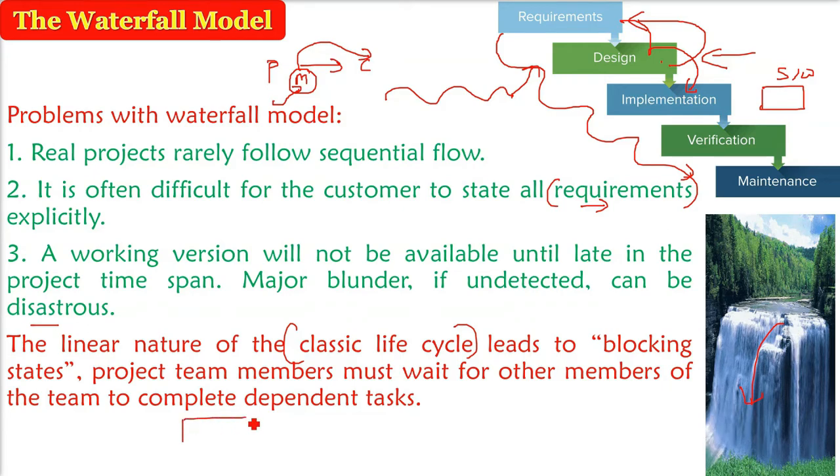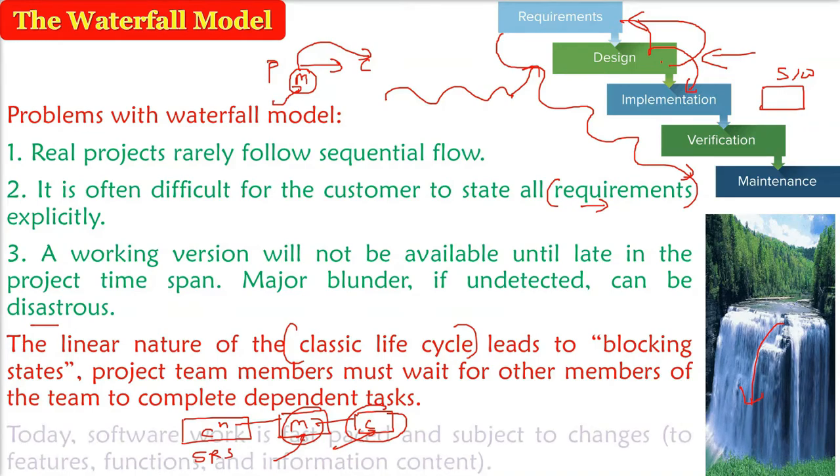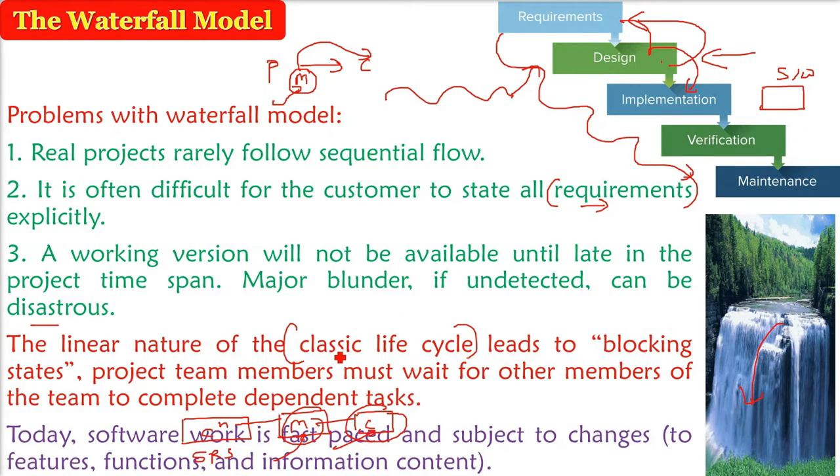That is, if the communications team is preparing the SRS, the modeling team and the coding team, what will they do? They are in the blocking state. They may work on some other project, but this project they are blocked. So the project team members or the software development people have to wait for other members to complete their dependent tasks. As I indicated, the software or the application or the website today is fast paced.